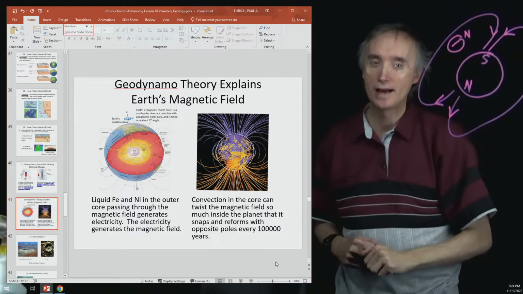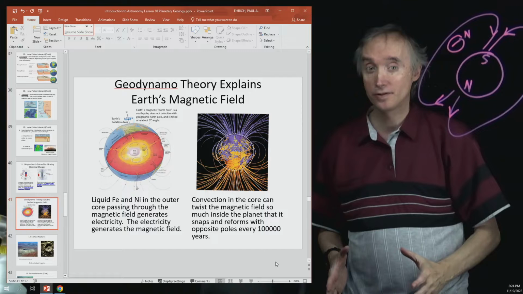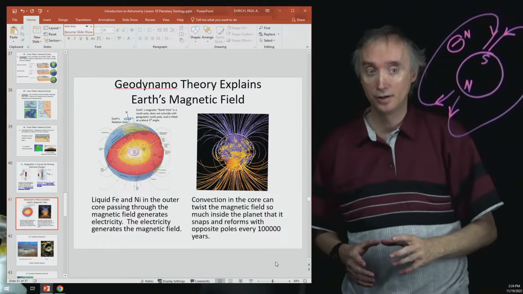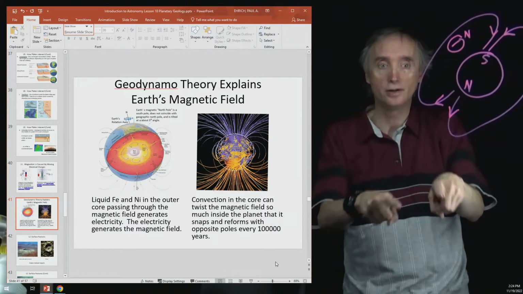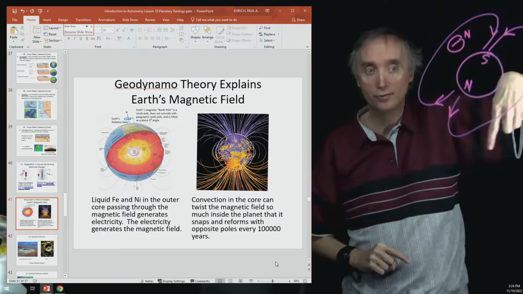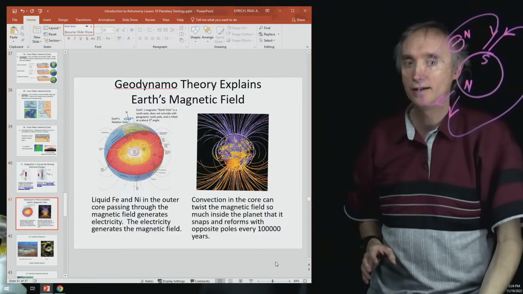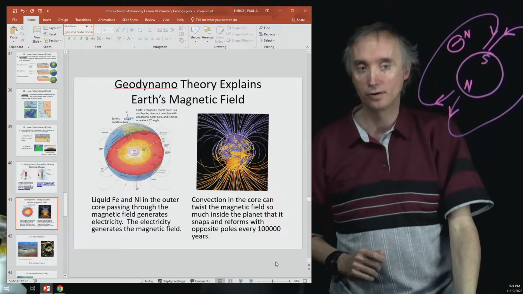Now, it's worse than that, because we said the inside of the Earth is hot, so the inside of the Earth is convecting, which means that the material is going up and then down, up and down. At the same time, it's going around and around. And so what that does is it tangles the magnetic field inside of the Earth.